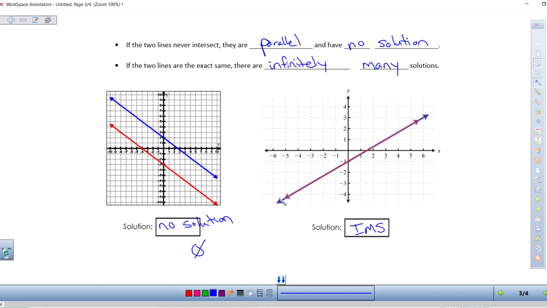Because if they're exactly the same line, they intersect at every single point on this line. There's a lot of different solutions. We can't say all solutions because it's not every point. This point wouldn't be in the intersection. They have to be on the line. So it's infinitely many because lines go on forever, but it's not all solutions.